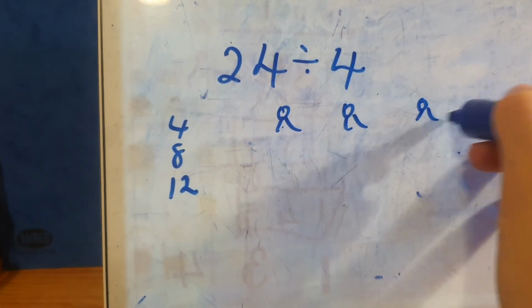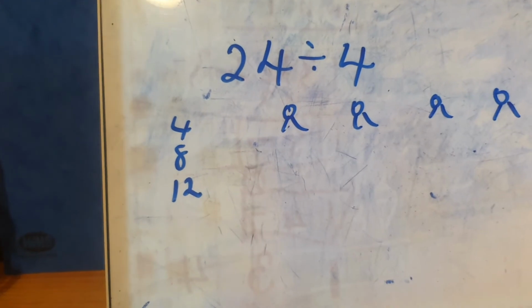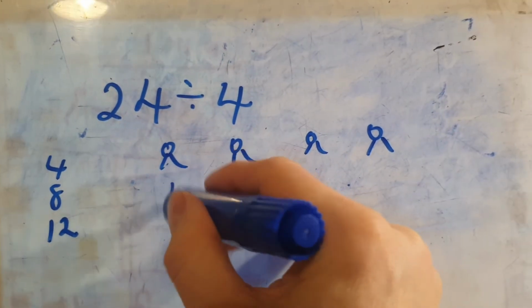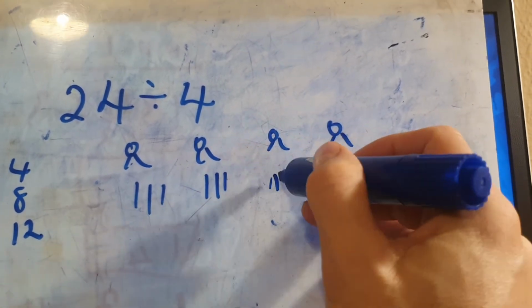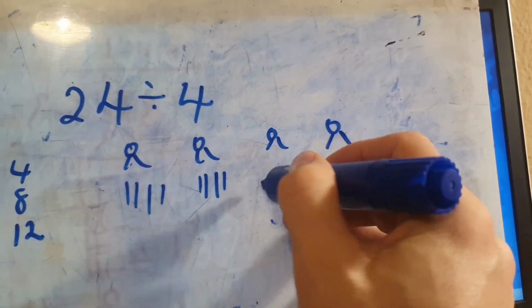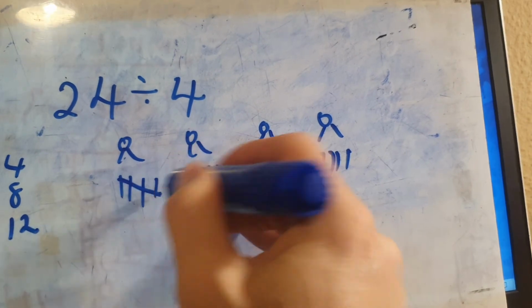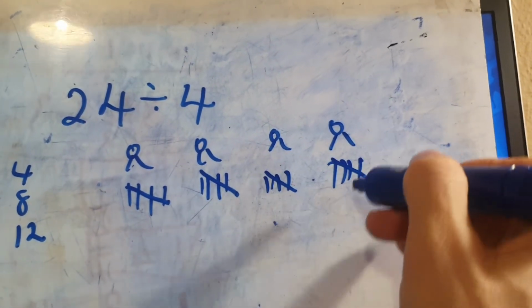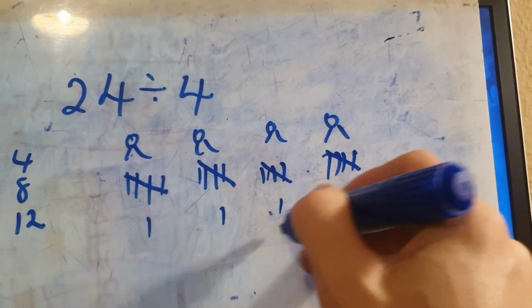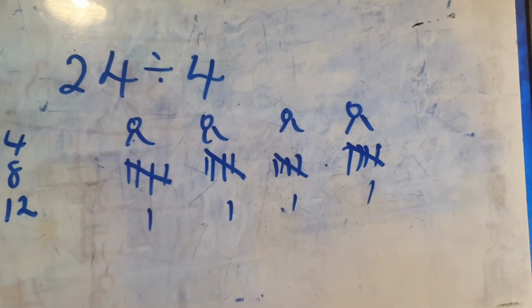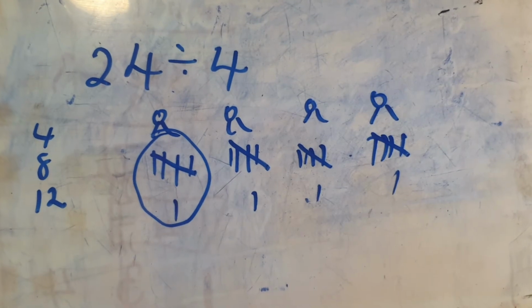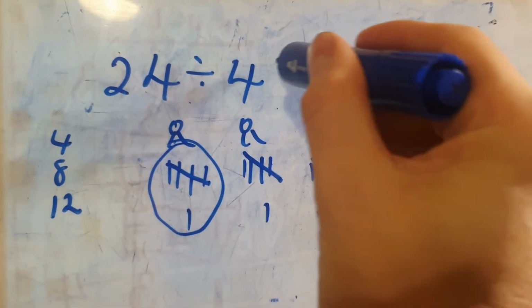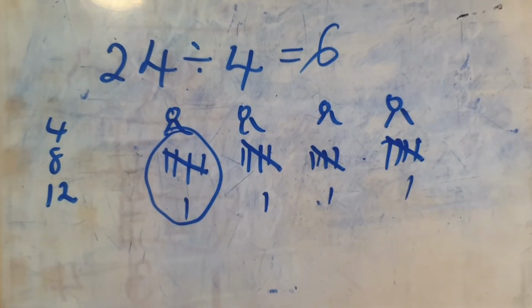So you could say 24 sweets, share between 4 children. 1, 2, 3, 4, up to 24. There you can see each child would have 6 sweets each. So your answer would be 6.